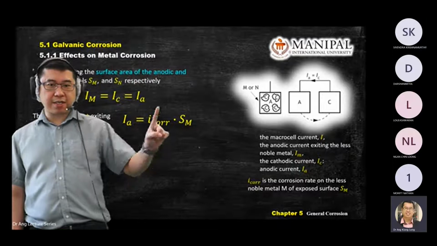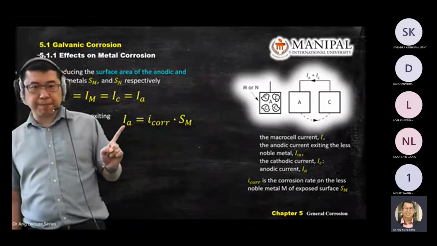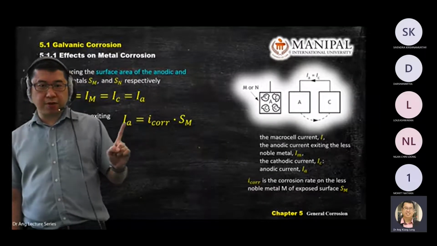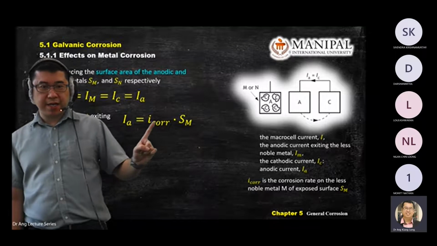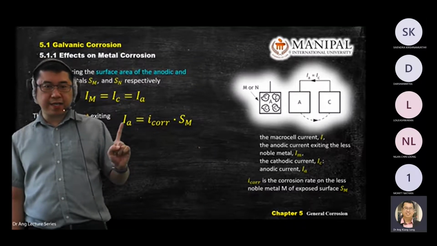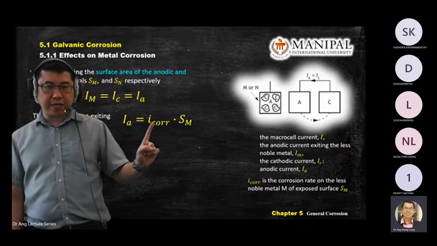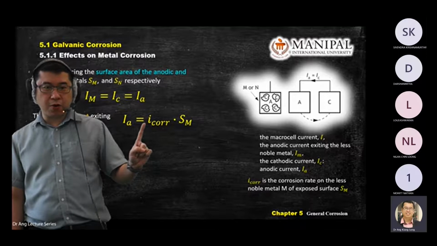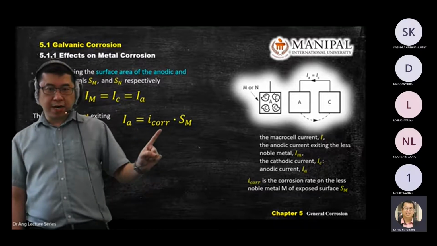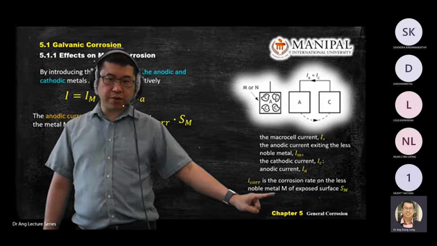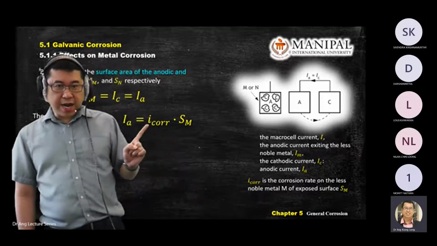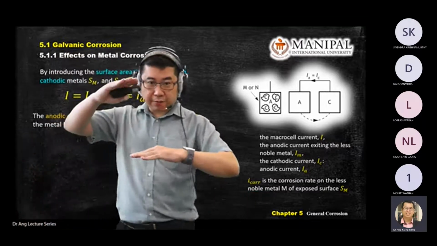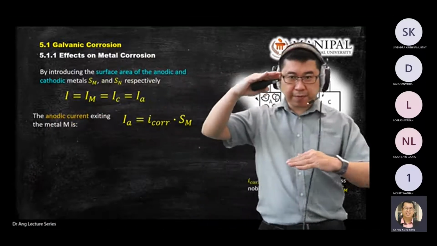This is not current, don't confuse capital I and small i. Capital I is current; however, in the equation, when you see small i, it is the corrosion rate. I corrode means you have two noble materials here.